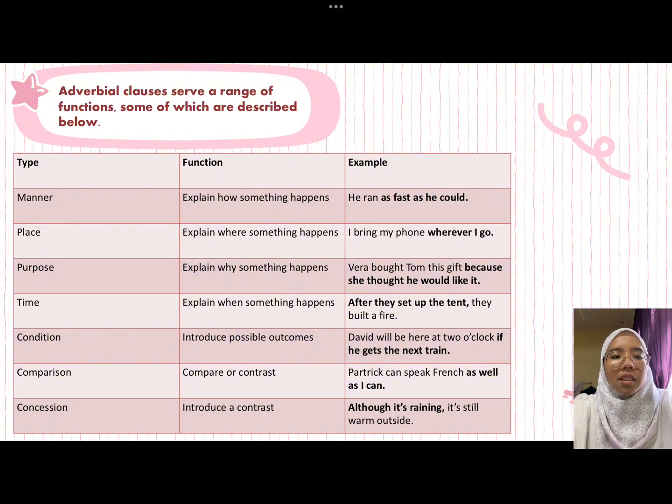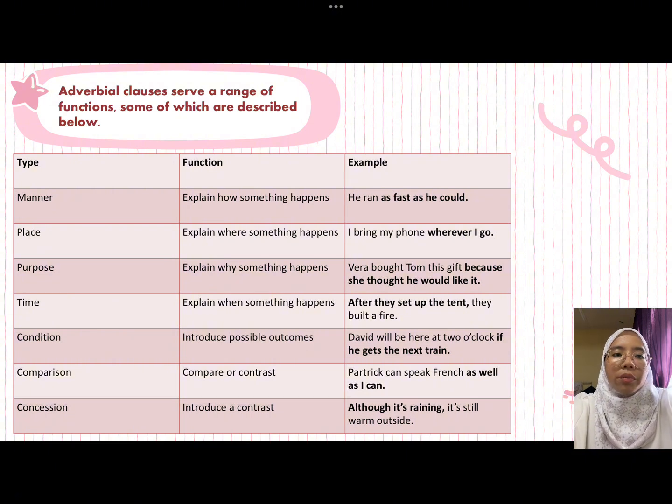The second one is, an adverb clause can explain where something happens. For example, I bring my phone wherever I go. Wherever I go explains where he brought his phone to. And from this sentence, we can know that he brings his phone wherever he goes. The third one is, adverb clauses can explain why something happens.